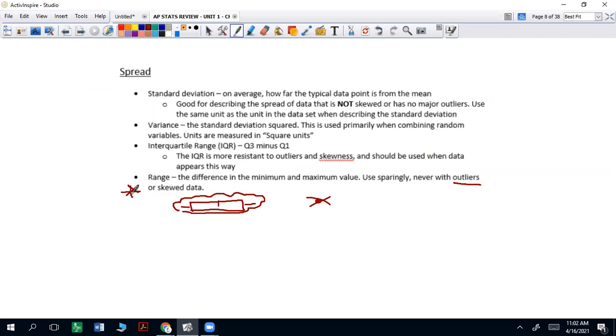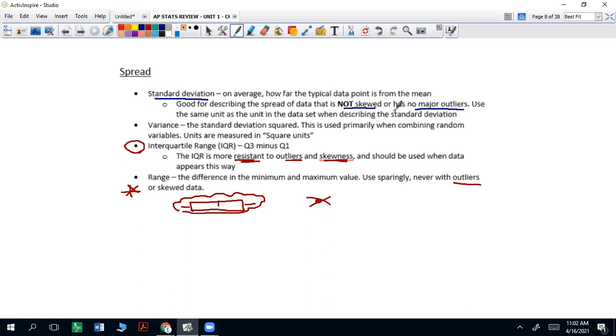Instead, if you're going to describe the spread, the best thing to use is the interquartile range, because that's resistant to outliers. Even if you have skewed, uniform, or symmetric data, the interquartile range is still okay to use. But you're only going to use standard deviation when you don't have skew or major outliers.